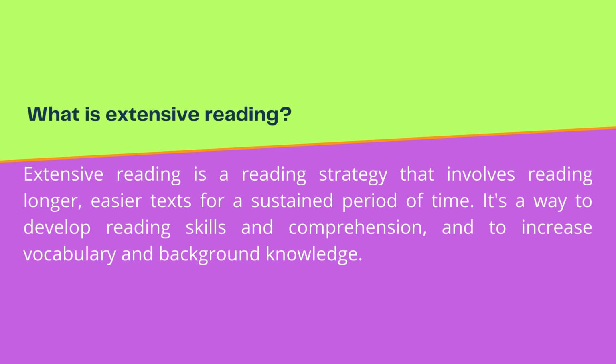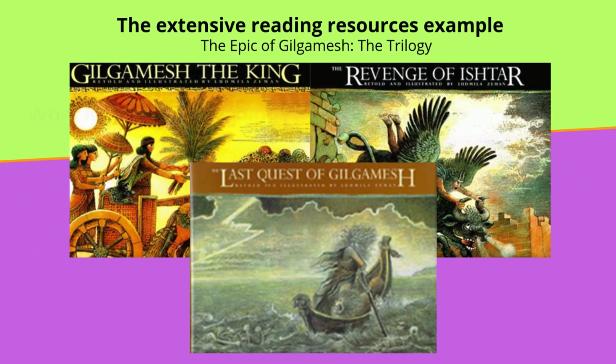Extensive reading is a reading strategy that involves reading longer, easier texts for a sustained period of time. It's a way to develop reading skills and comprehension, and to increase vocabulary and background knowledge. The extensive reading example is about the Epic of Gilgamesh, the trilogy.